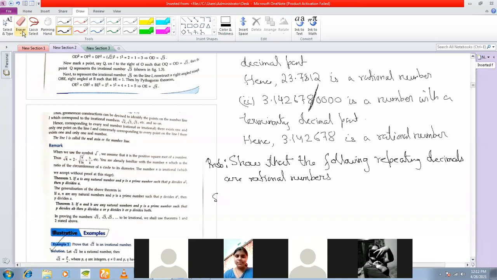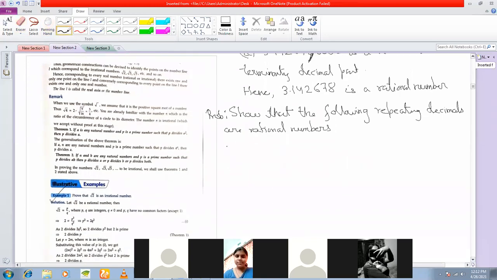Okay, and the given numbers here to you are, first one, 0.6, and above 6 you have this dot, which means 6 is recurring after the decimal. You have 1.27. Next you have 0.235, and you have a bar above 35.